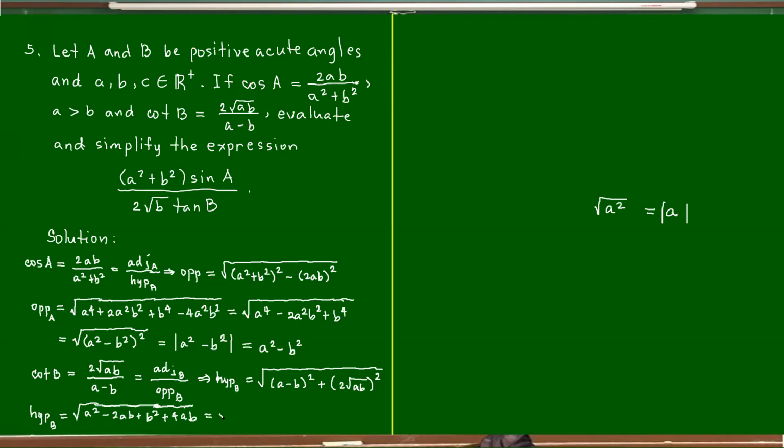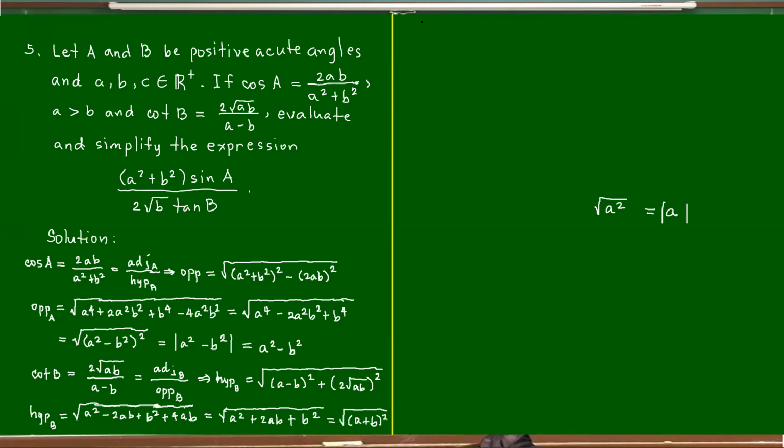So we can rearrange the terms in the radicand so that we'll have A squared plus 2AB, because negative 2AB and plus 4AB is what? 2AB, no? Then plus B squared. Okay? This is equal to square root of A plus B quantity squared.